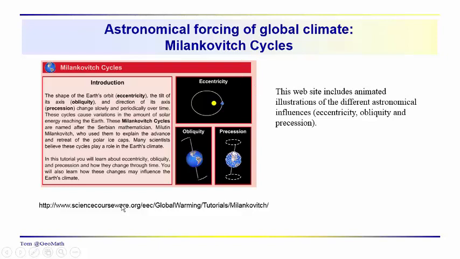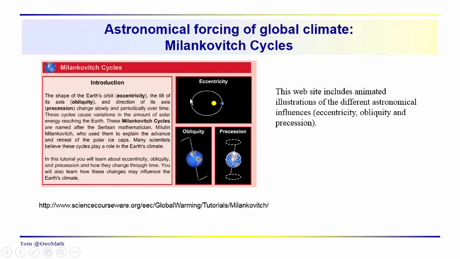And this is another good site to visit because these images are actually animated, and there are a sequence of them that explain and go into more detail on the Milankovitch cycles. So this is a good site to visit, but there are basically three cycles.